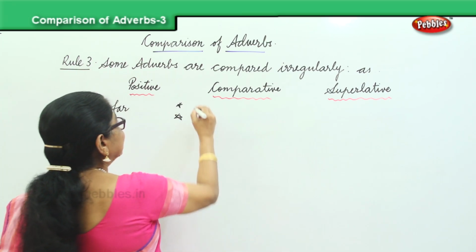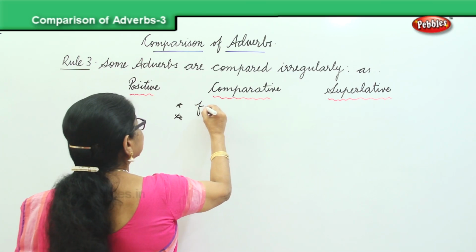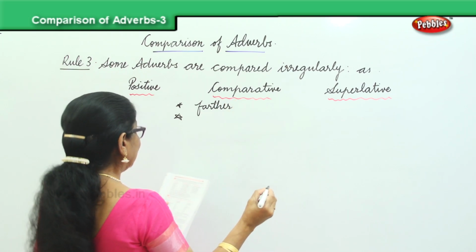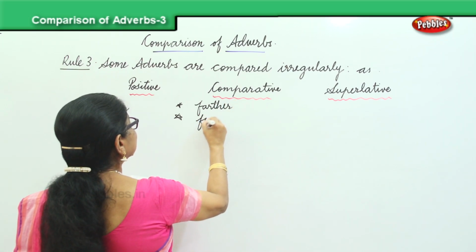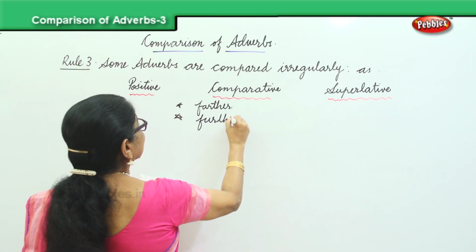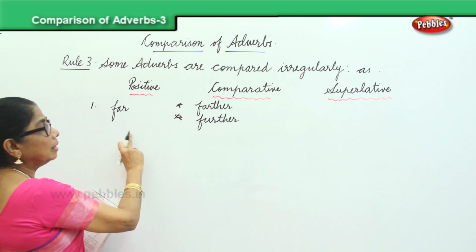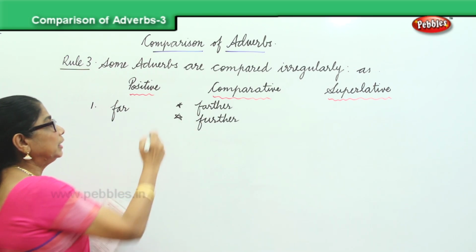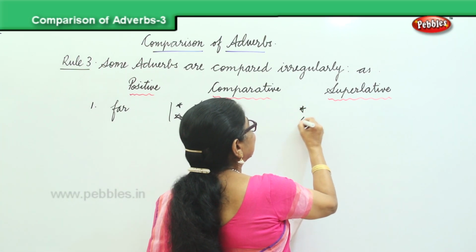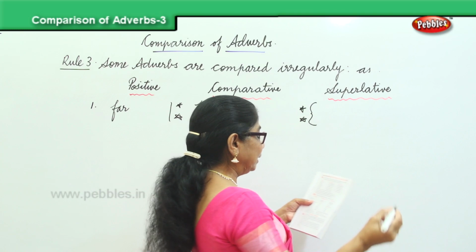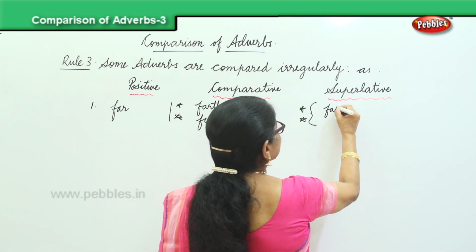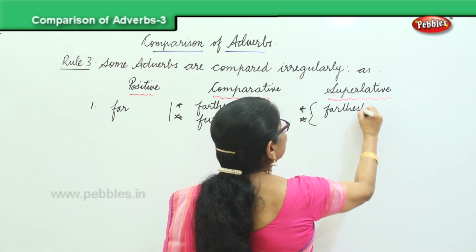Far, farther, or you can say further. Only A and U difference. Far, farther, or further. And even in the superlative, there is a change. That is farthest and furthest.